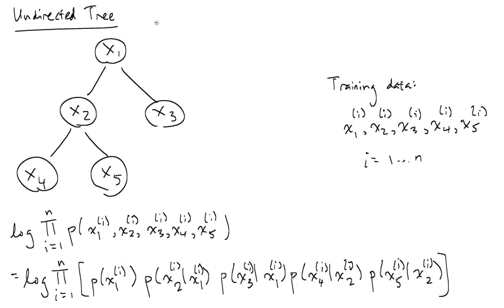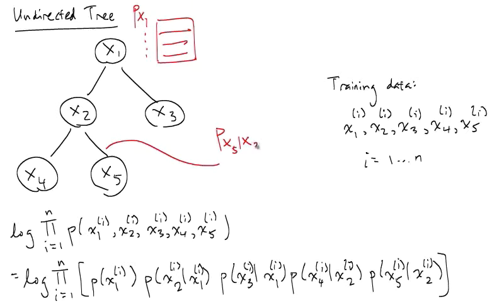We're going to learn the probability table for P_x1, which is going to have a number of entries, and then for each of these edges, so for example for this edge, we're going to learn the probability table for x5 given x2, with x2 indexing the rows and x5 indexing the columns.